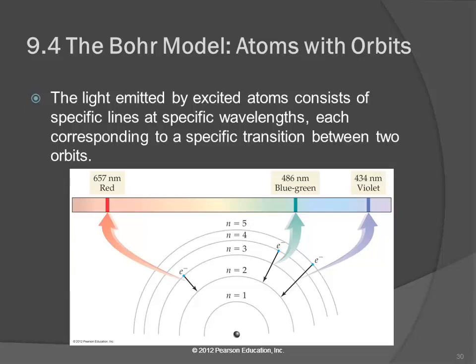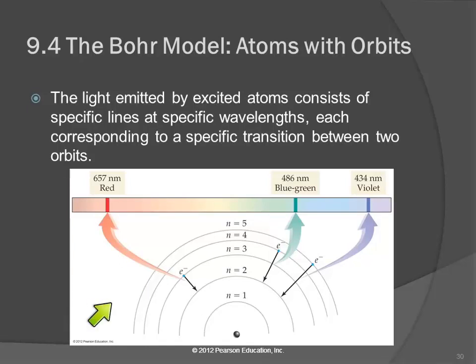The light emitted by excited atoms is going to have specific lines at specific wavelengths because it corresponds to specific transitions between orbits. So for hydrogen, here are 3 of the lines that we see in the hydrogen spectrum.